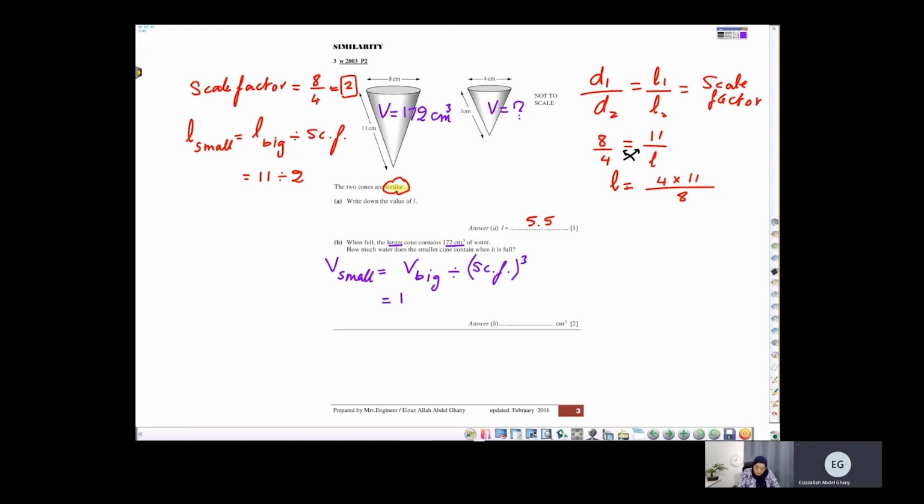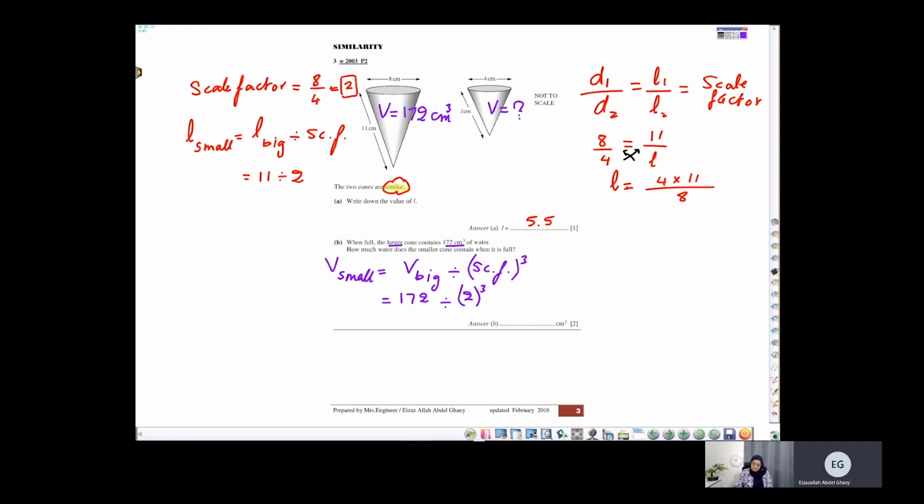The bigger volume is 172. You divide it by scale factor, which is 2, but cube. It means if the height is twice the height and the diameter is twice the diameter, it means the volume is 8 times the volume. So you just divide 172 divided by 8.